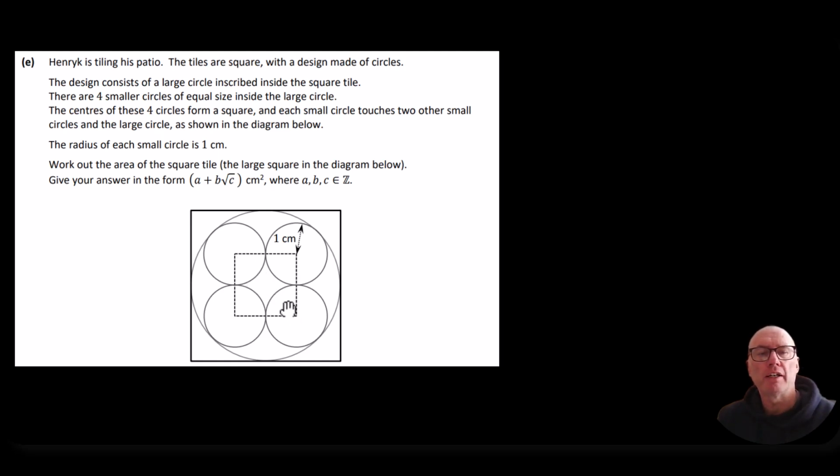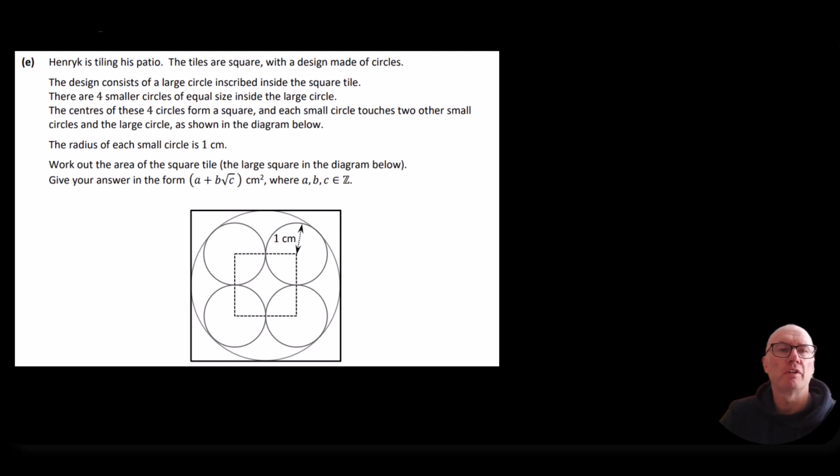Now I can do that by using Pythagoras' theorem, I'm thinking, because this distance here is 2 centimeters. This distance here is 1 centimeter, 2 centimeters as well. So I have 2 and 2 here. Do Pythagoras' theorem to give me this diagonal here. Add 2 centimeters, this one and this one here, and that will give me the diameter of the large circle, which is the same as the length and width of the square.